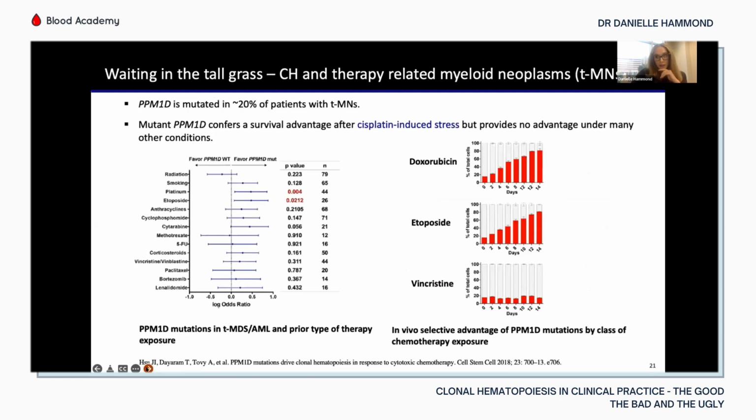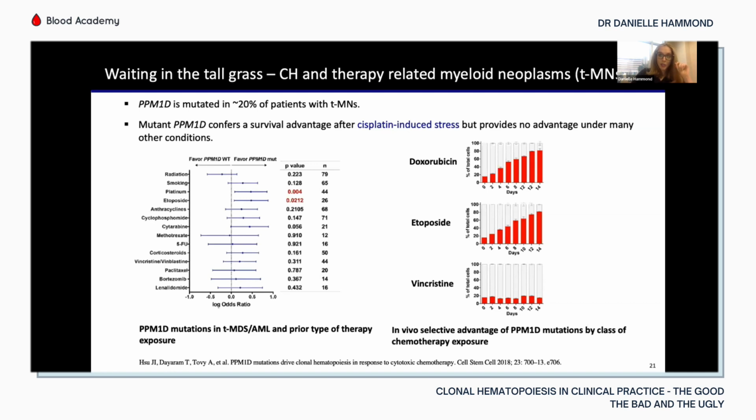And then likewise, similar work has been done at Baylor here in Houston when they look at the PPM1D mutation, which is mutated in 20% of therapy-related myeloid neoplasms. So here on the left-hand side, they looked at therapy-related myeloid neoplasms with and without PPM1D mutation and looked at factors that were associated with expansion of the PPM1D mutation.